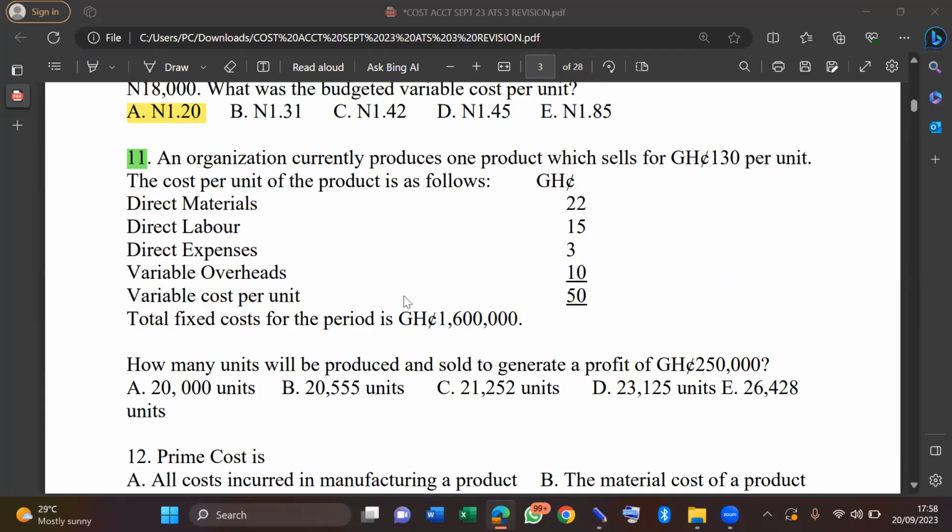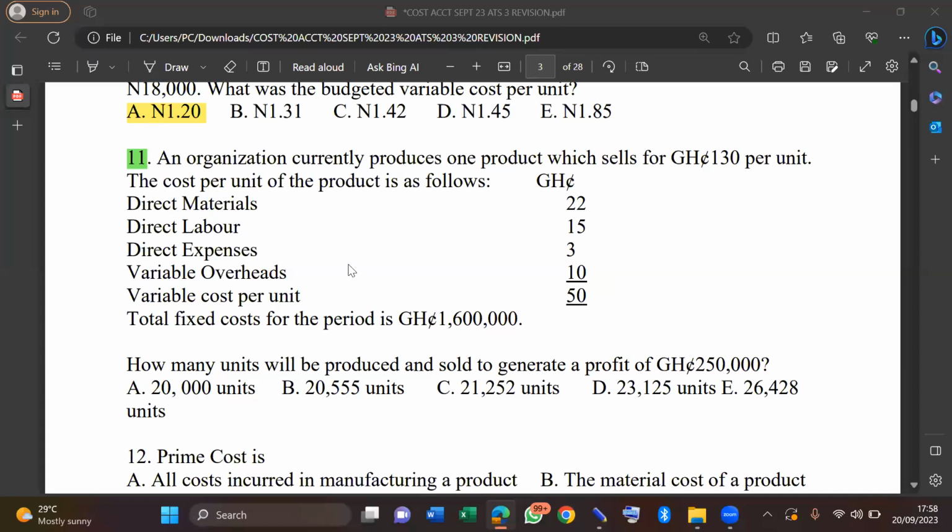An organization currently produces one product which sells for 130 Ghana cedis per unit. The cost per unit of the product is as follows, from direct material to the variable cost per unit. Total fixed cost for the period is 1.6 million.